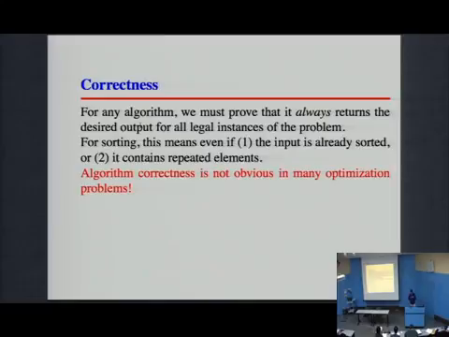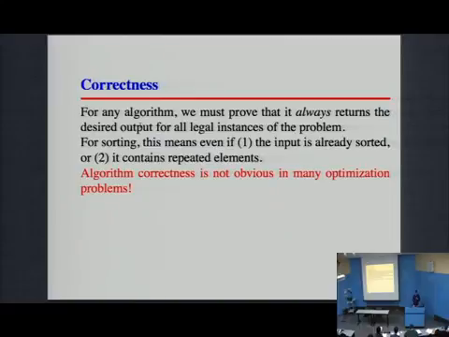Now, the idea of correctness being obvious, I'm not going to spend as much time over the whole semester talking about correctness as I should. But here's where I want everyone to start listening. An algorithm, to be a real algorithm, has to be correct. What does correct mean? It means that on every possible input, it always achieves the desired output as specified.